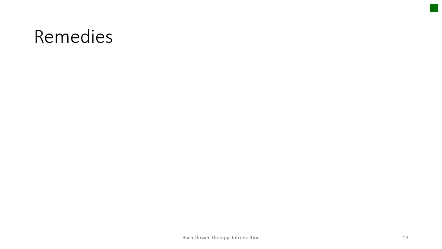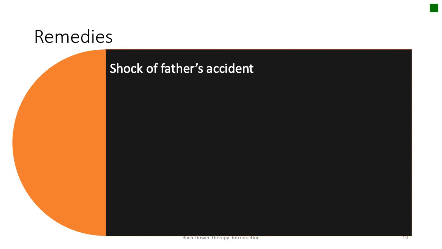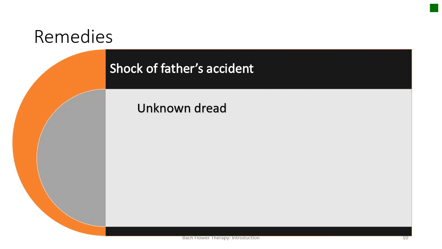Now we shall see how the remedies were chosen based on the information presented in the previous slide. What has been taken into account is the fact that the child had suffered shock after the father's near-fatal accident. He had some kind of an unknown dread which perhaps led to his bouts of diarrhea before leaving home.